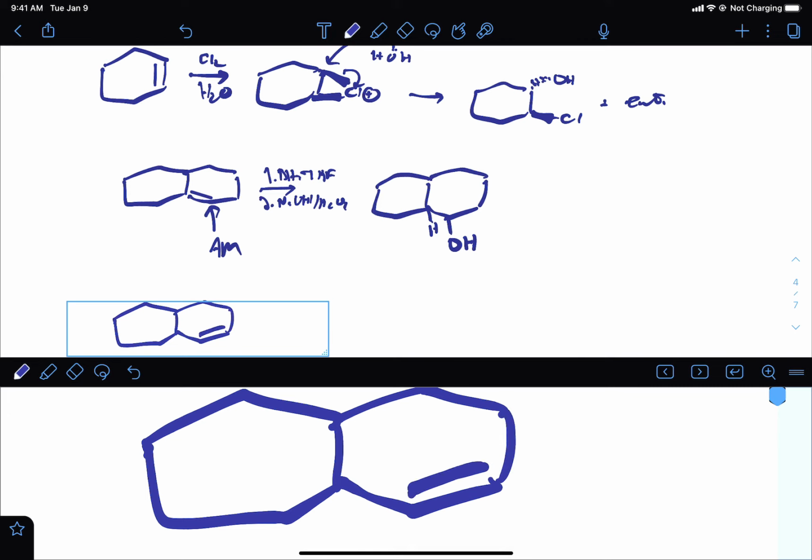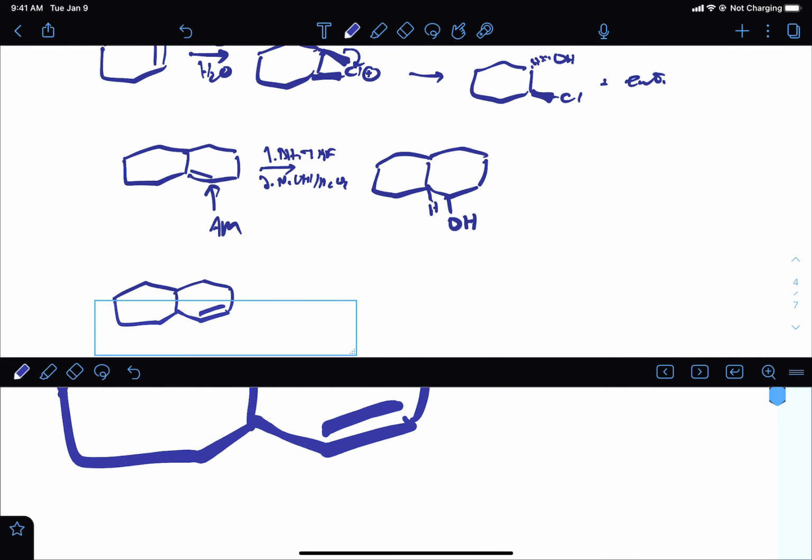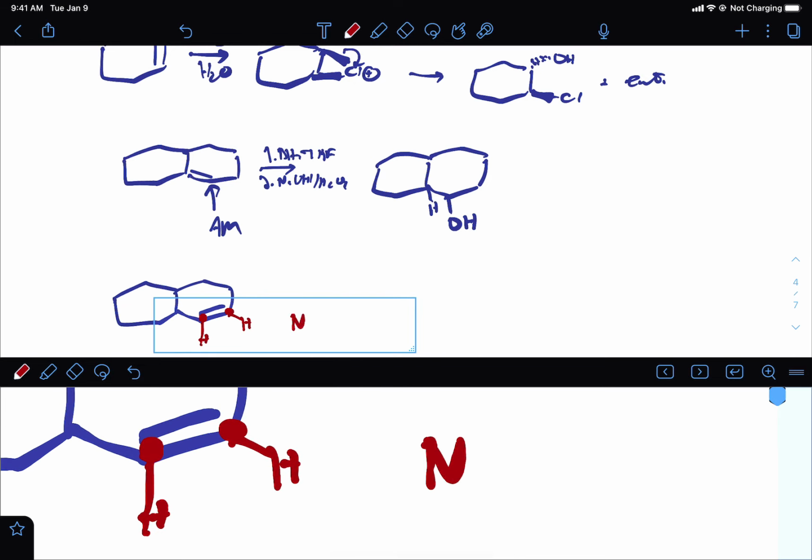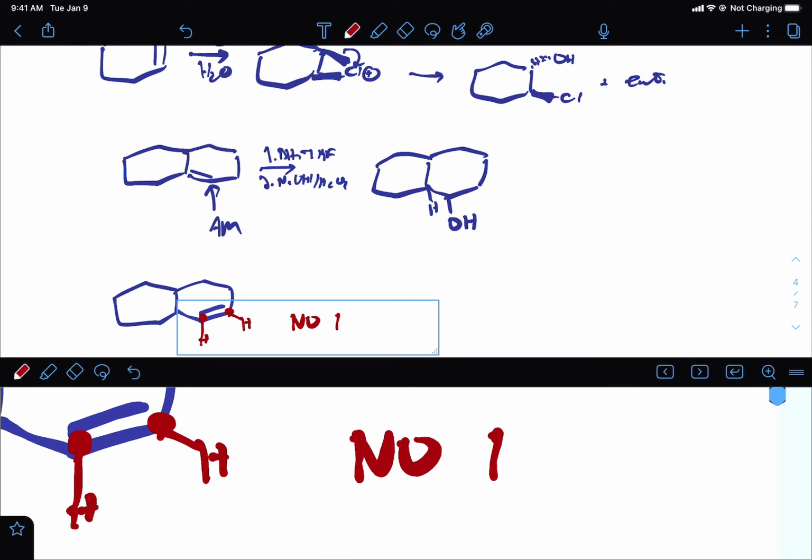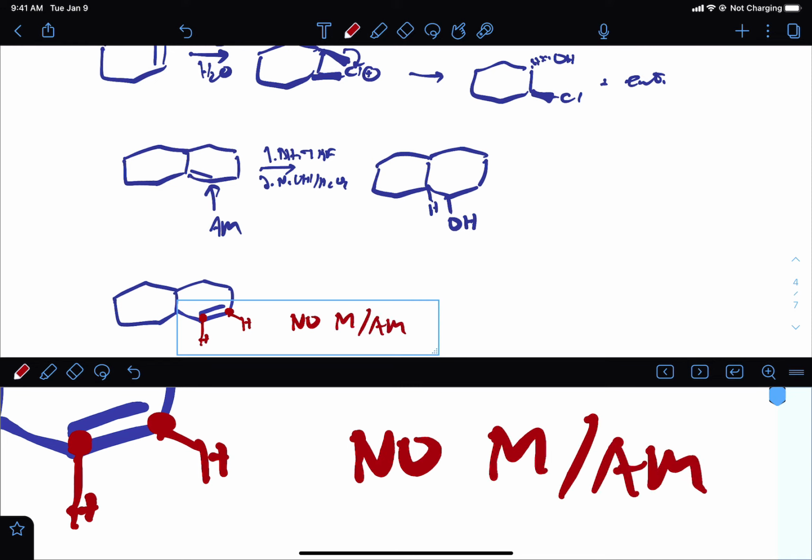The problem is that if you start with the double bond there, these are equal. These carbons have the same number of H's. So there's no Markovnikov or anti-Markovnikov aspect to that, which means we can't control which carbon the OH or the H would go onto.